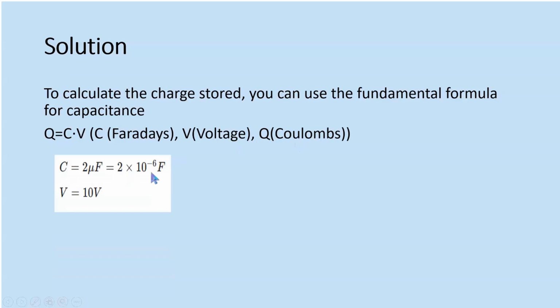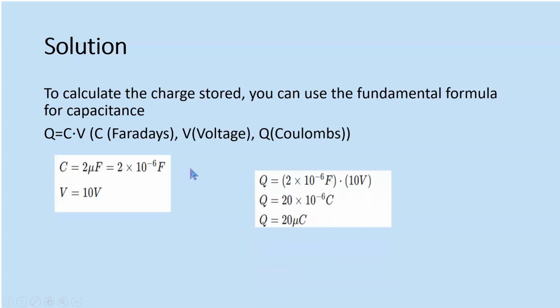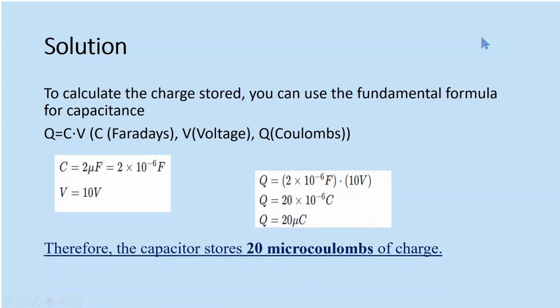And therefore we have 10 volts and 2 times 10 to the power negative 6 farads, or 2 microfarads. Applying that in our formula, Q is equal to CV, we'll have 20 microcoulombs as the charge that is going to be stored between the plates when we have 10 volts across the plates and the capacitance of the capacitor is 2 microfarads.